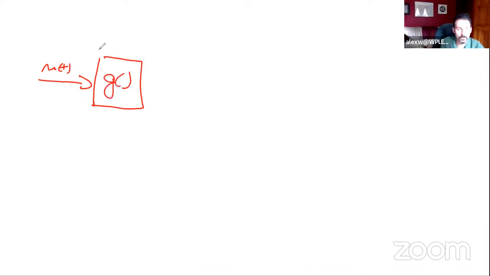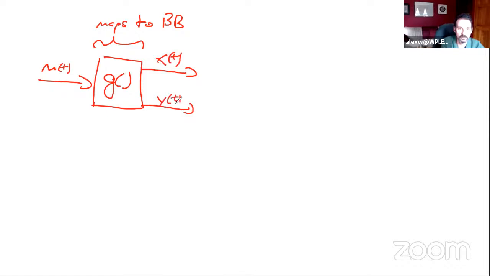This guy maps to baseband signal, right? So now what you got is x of t and y of t. Now, what we need to do is multiply these two fellas, okay? And this is how you do it.